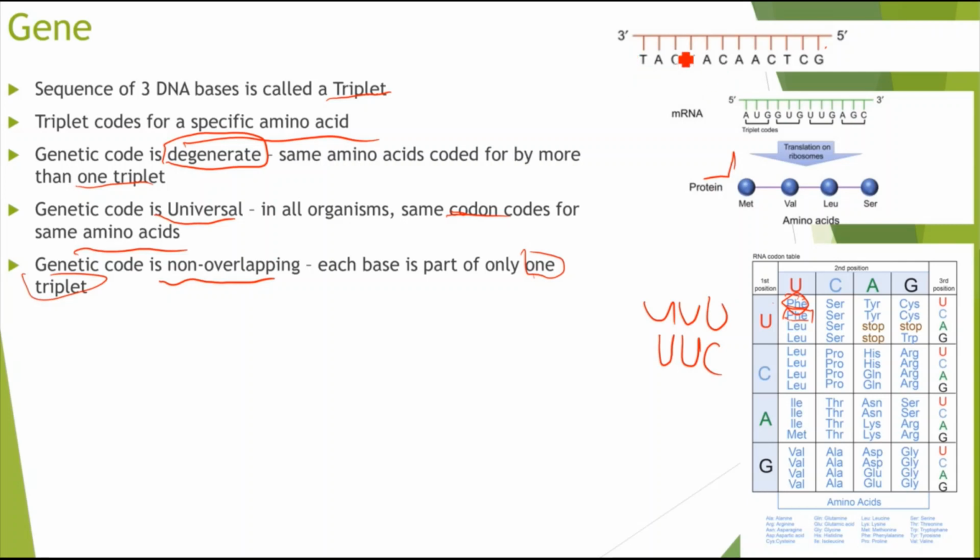If I were to say I have TAC coding for an amino acid, and then I have a CCA triplet coding for an amino acid, this can't happen because then these two would be overlapping. What happens is that TAC would be used for one amino acid, then CAC would be used, then AAC would be used. So we can't have the triplets overlapping to code for an amino acid.